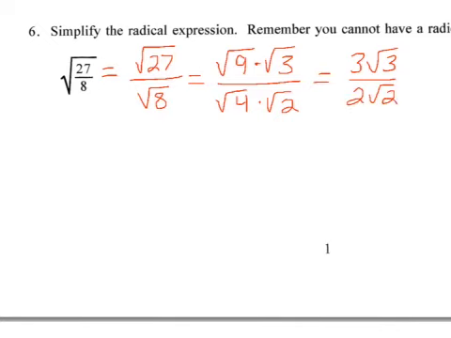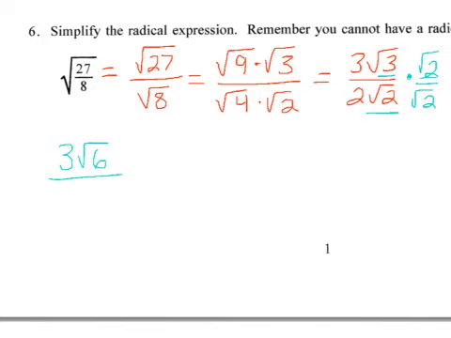So now, unfortunately, this is not the final answer because we still have this radical in the denominator, and it's not allowed to be there. So what we need to do is multiply by root 2 over root 2 to get it out. That will make the numerator 3 square root 6. Because the 3 and the 2 are both inside radicals, we're allowed to multiply them together.